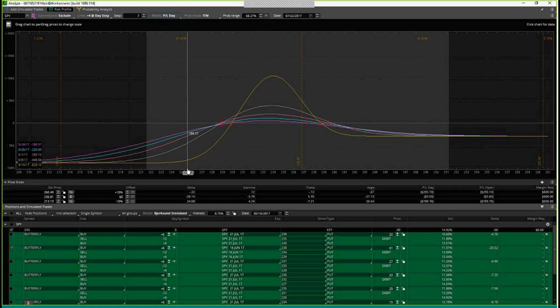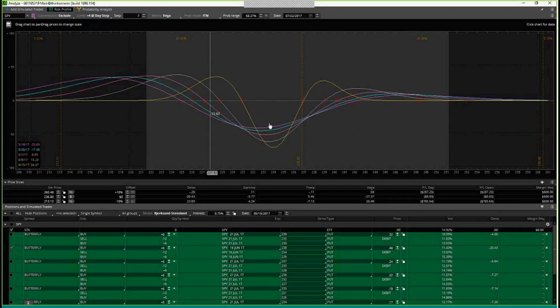As you saw when I mapped out Vega, the Vega lines change pretty significantly with each passing week and change pretty dramatically as you get close to expiration. But so does your gamma. So you have to realize how your trades will morph.